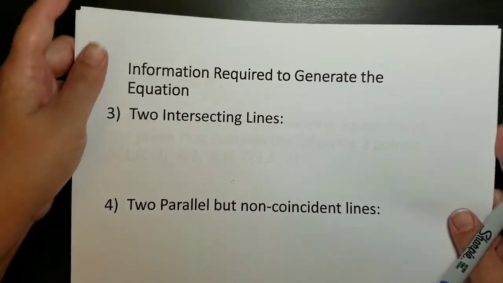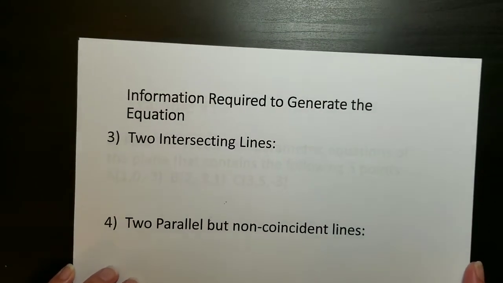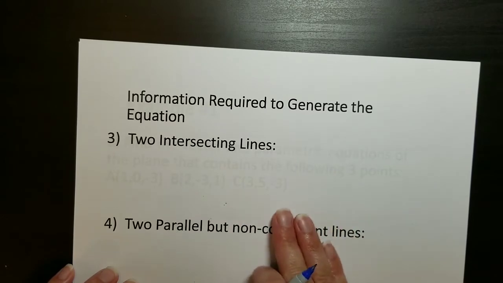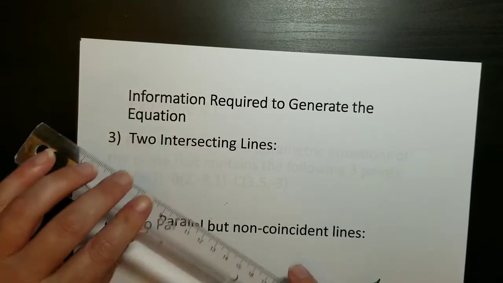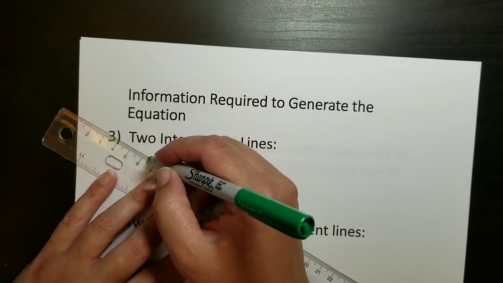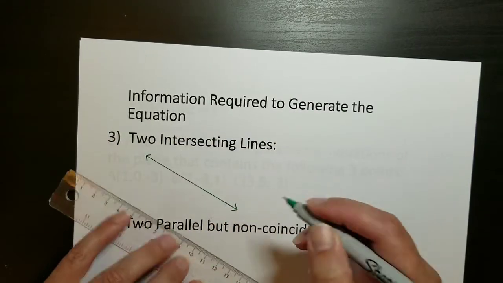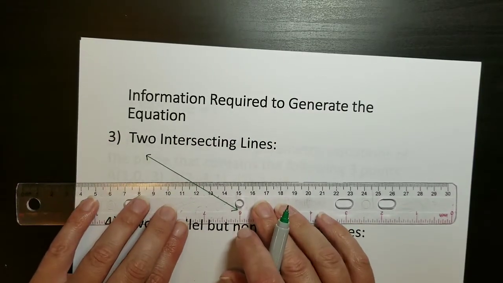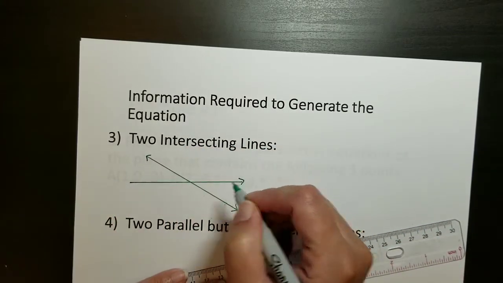We can also create a plane if we have 2 intersecting lines. So here, if we're given 2 lines that cross, that do come to a point of intersection in R3, and we're going to talk more in the coming days about how or if pairs of lines might intersect.